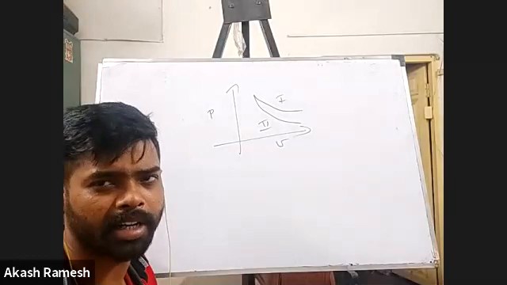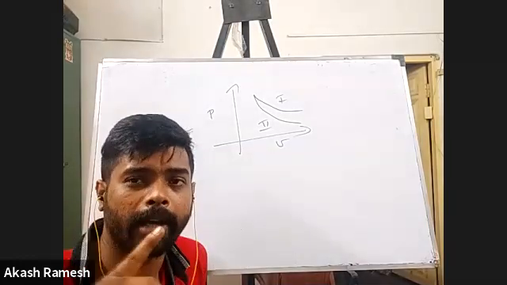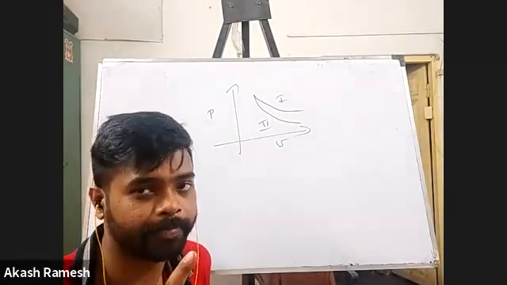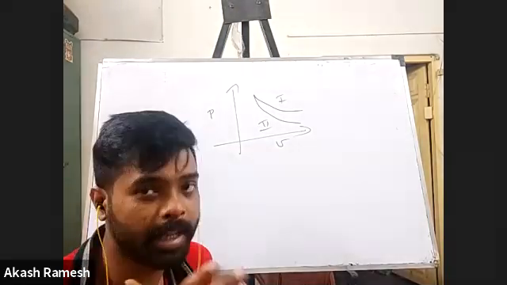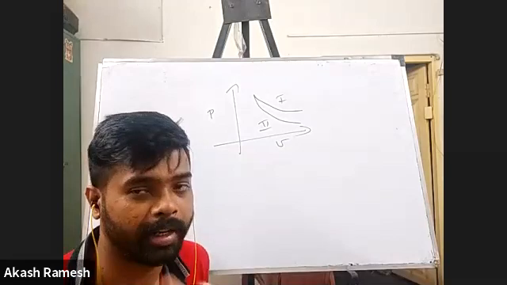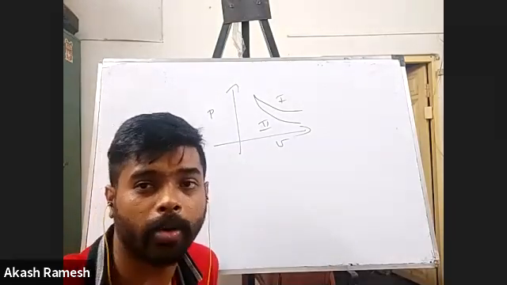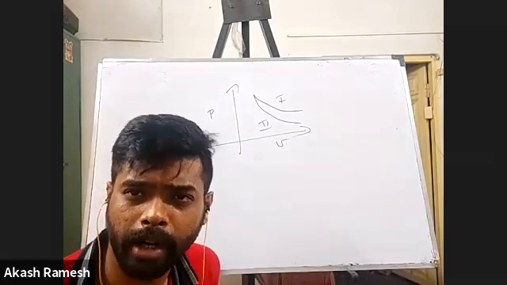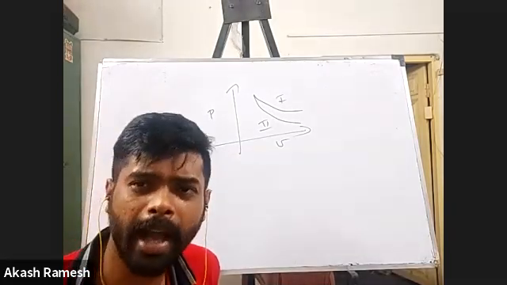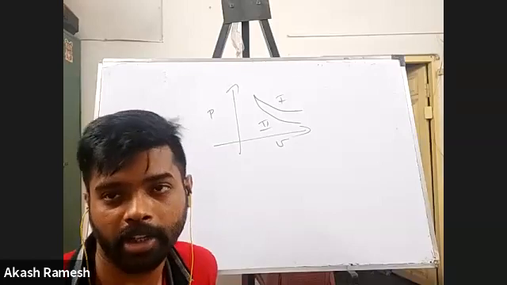Now in both the cases it is expansion, so definitely the work is done by the gas. Whenever I tell you expansion, it is work done by the gas. For doing the work, the gas has to get some energy.